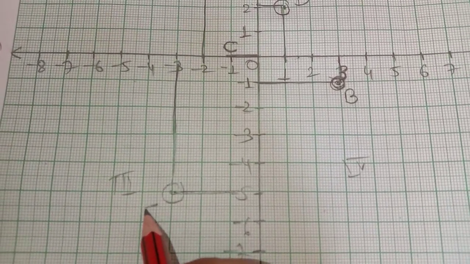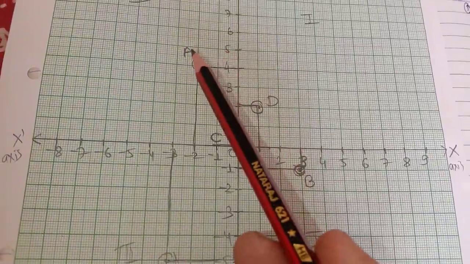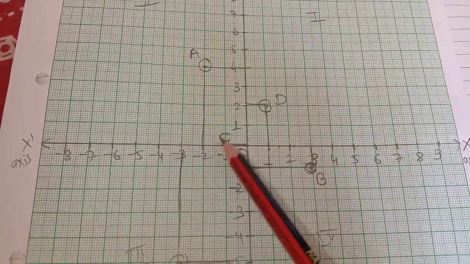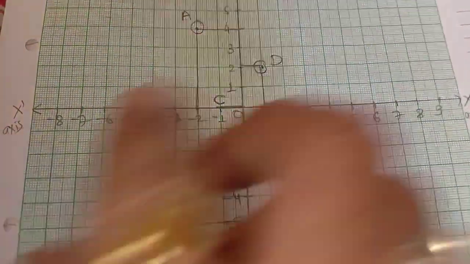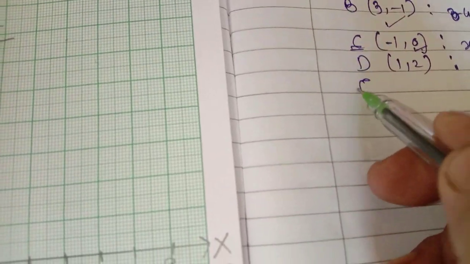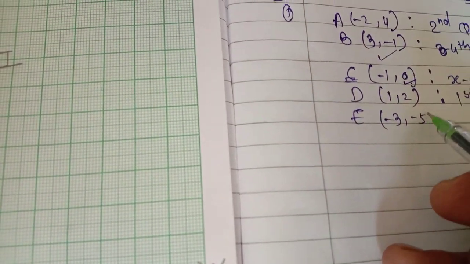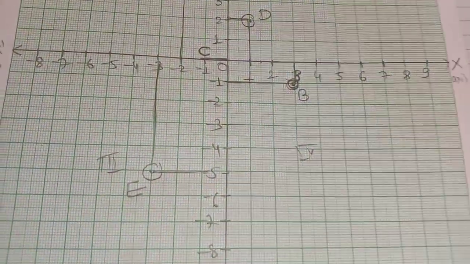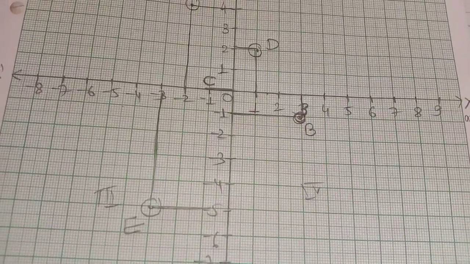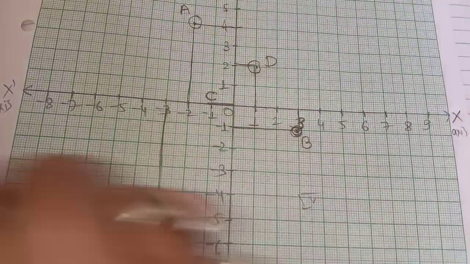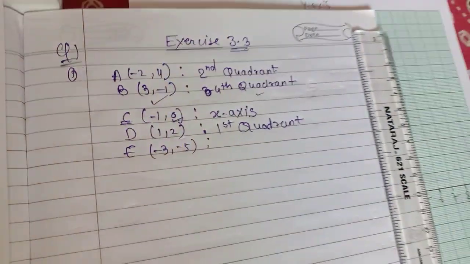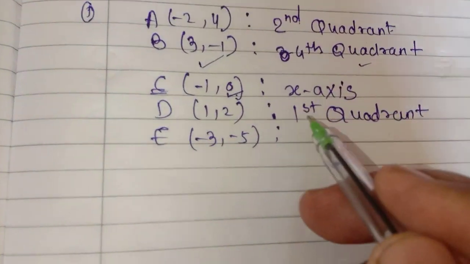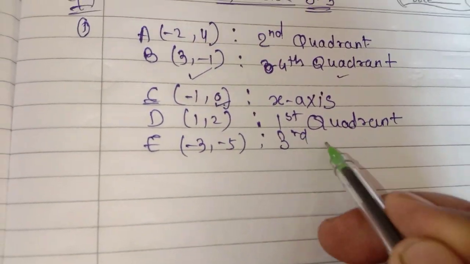So this one, suppose E. Now we have A, then B, C, D and E. So E is (-3, -5). Can you see in which quadrant it is? Simply you can indicate that the point lies in the third quadrant.